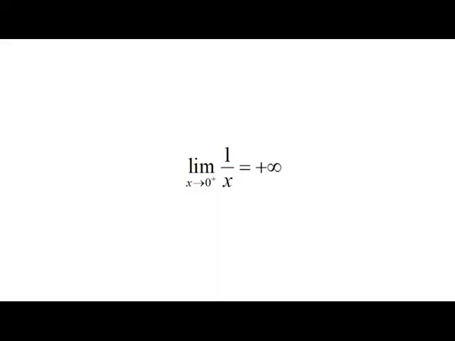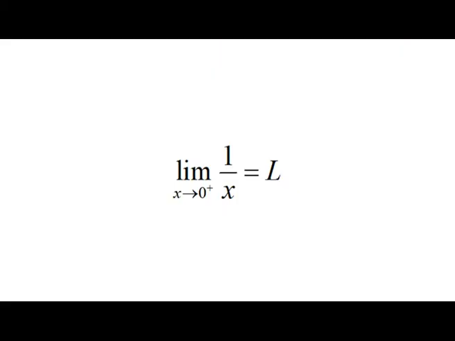We describe this limiting behavior by writing limit of 1 upon x as x approaches 0 from right is positive infinity. As there is no finite real number L such that limit of 1 upon x as x approaches 0 from right is L, we say that limit of 1 upon x as x approaches 0 from right fails to exist, that is, right hand limit does not exist when x approaches 0.